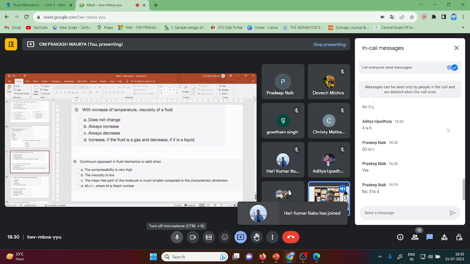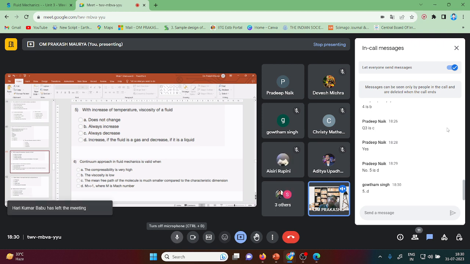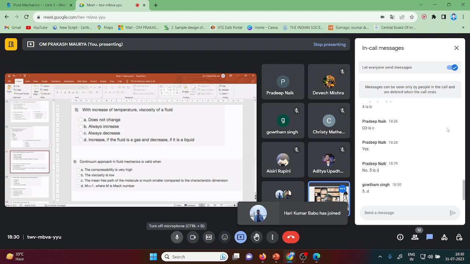For question number 5, Mike is saying option D is correct. Okay, let's see. Basically, a fluid is a combination of two things, gas and liquid. In a liquid, the viscosity depends directly on cohesion, and in a gas, the viscosity depends on the random motion of the gas particles.